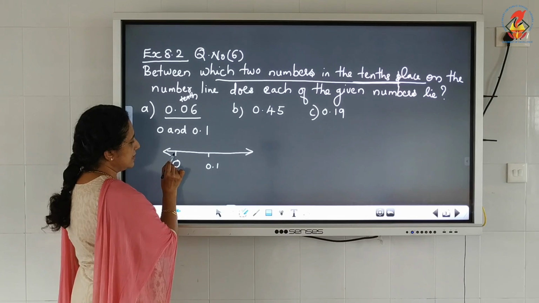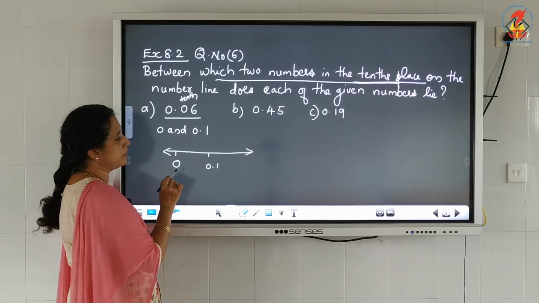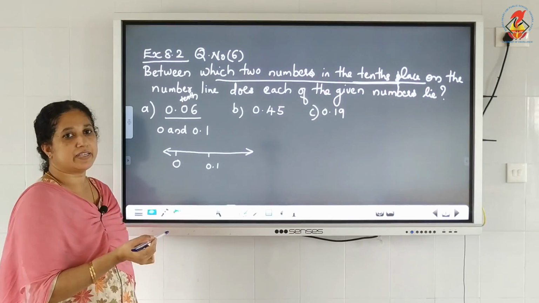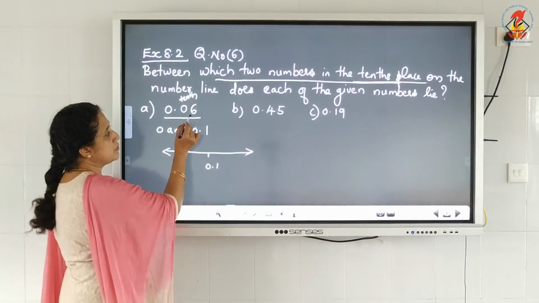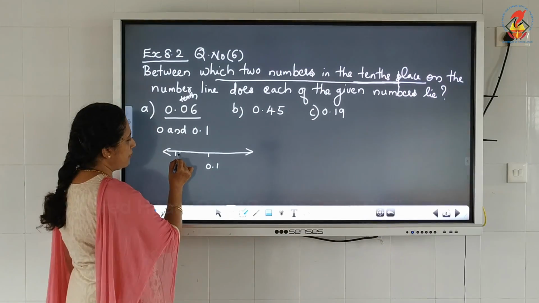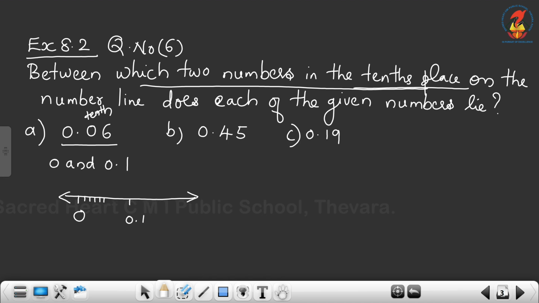And the distance between 0 and 0.1 should be divided into 10 equal parts and you have to select the sixth part. 1, 2, 3, 4, 5, 6, 7, 8, 9, 10th part.